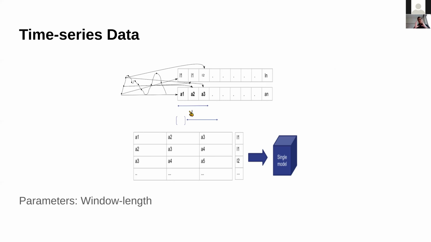Now, once we are given this data, let's talk about human activity recognition, because that's the main domain that I'm working with. If you want to do human activity recognition, you have to reformat this data in a certain way so that you can feed it to machine learning models or systems.